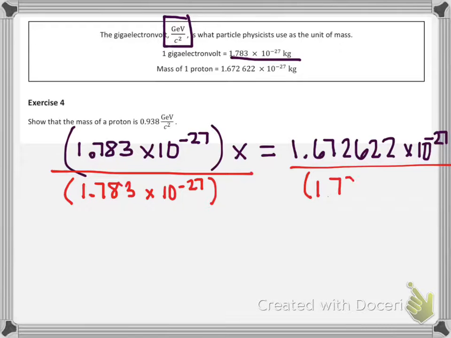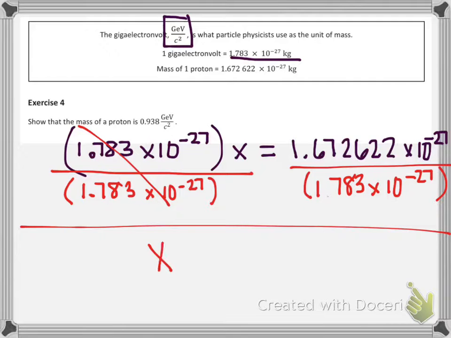And whatever we do to one side, we have to do to the other. So 1.783 times 10 to the negative 27th. And when we divide that out, this side cancels and we get what we want, x equals, and when we divide 1.672622 by 1.783, we get approximately 0.938. Now, what do we do with the exponents here? These exponents have the same exponent, negative 27, so we would subtract, which would be 0.